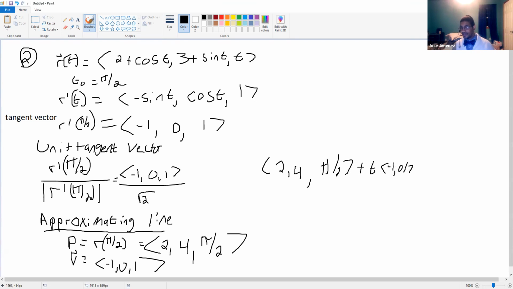So far, so good, right, guys? Then we vectorize it. Or instead of calling it vectorize it, let's call it lining it. Get it? Lining it. Okay, that was bad. It's just going to be 2 minus t, 4, and then pi over 2 plus t.